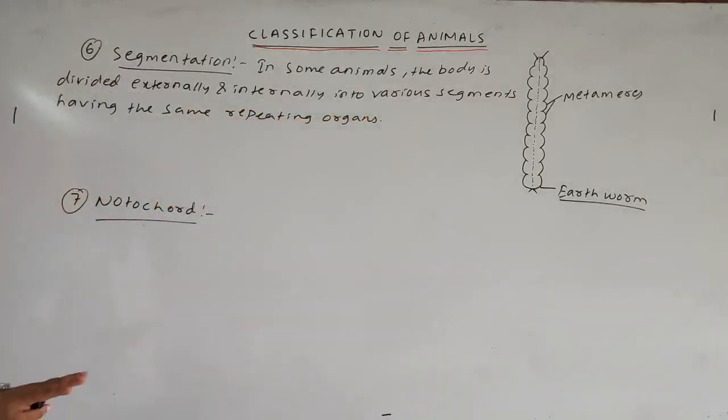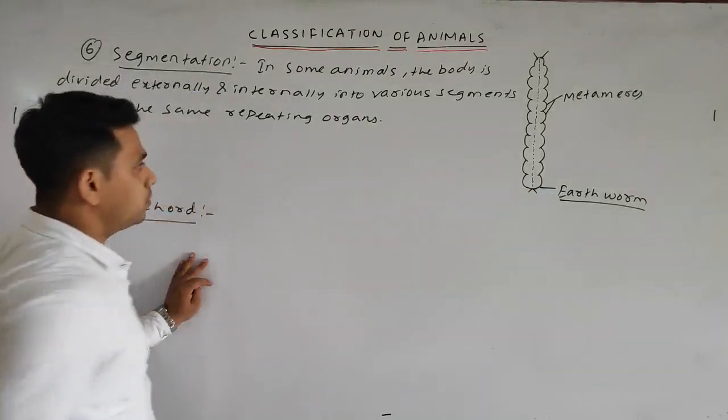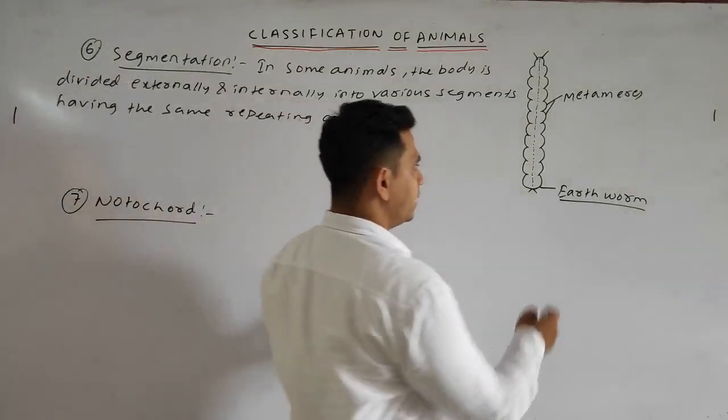Okay, having the same repeating organs. So what does it mean? Suppose we are taking the case of the earthworm.